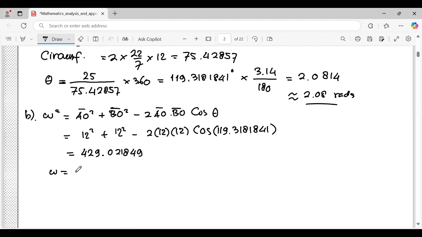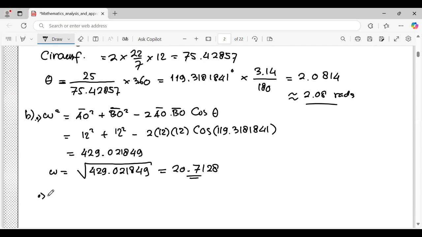So W or width equals the root of 429.021849, and the result is 20.7128. This is the W, the width.